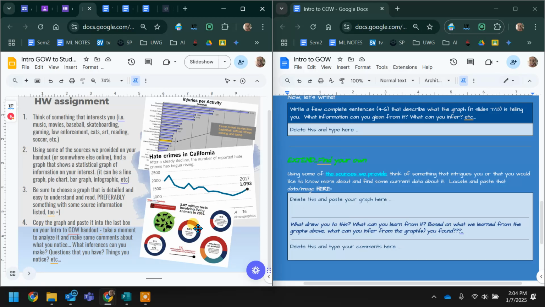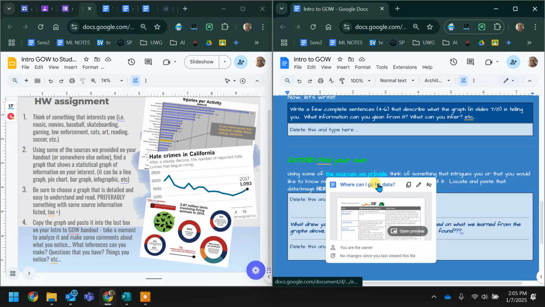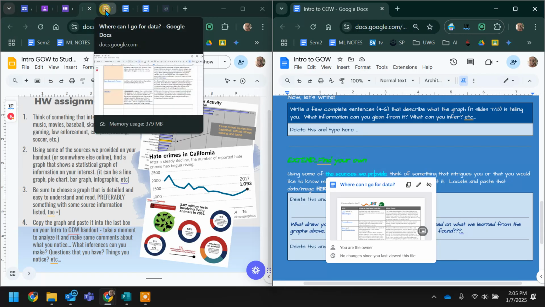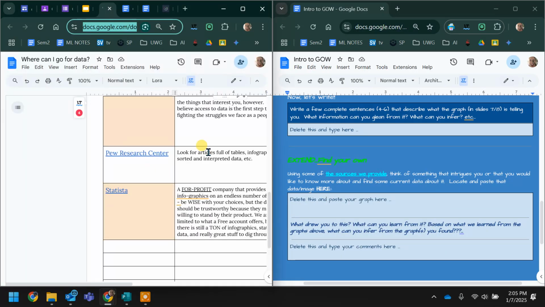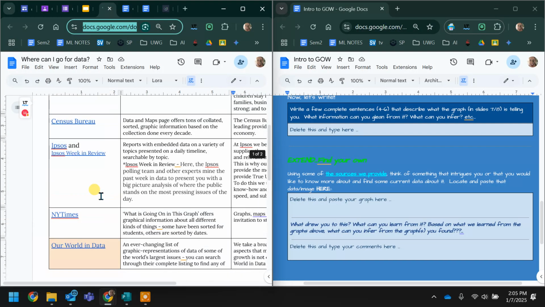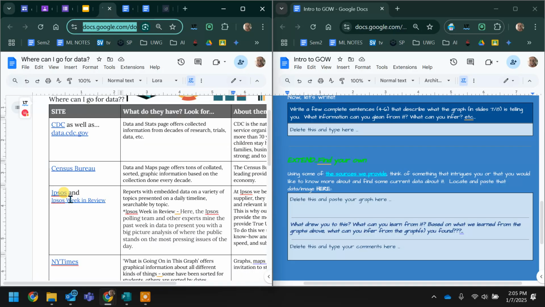So look for some sort of line chart, pie chart, bar graph, infographic, graph, statistical information. Try and find something that's pretty recent and anything that presents graphical information that shows something that you're interested in, and copy and paste that graph here, and then think about some of these questions and what does that show you, and what can you infer from that graph, and do a little bit of reflection on it.